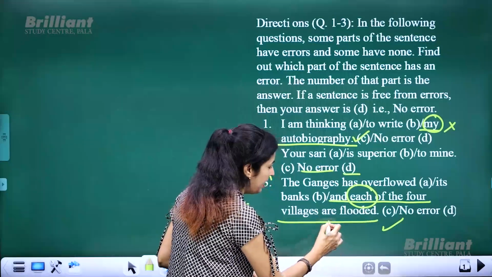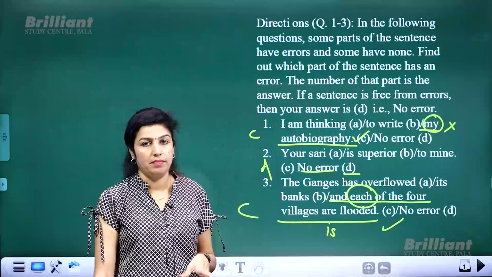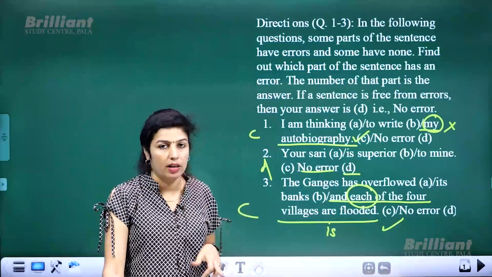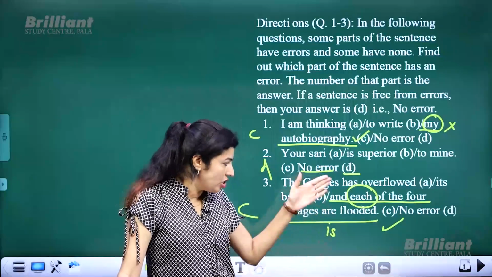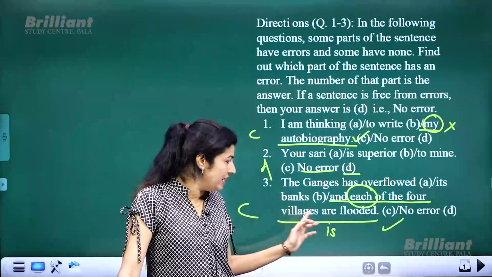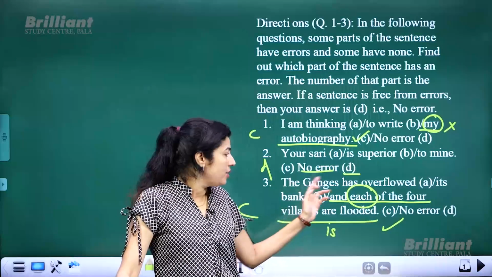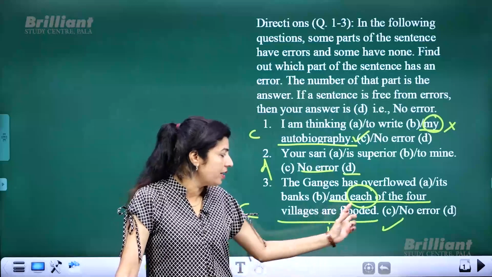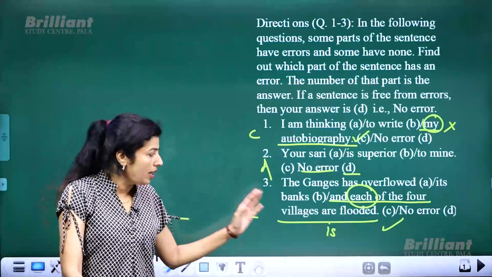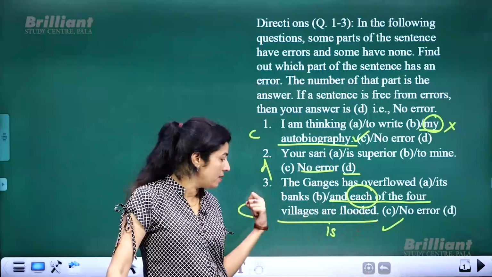It should be "is flooded", not "are flooded", since this is singular. Each of the 4 villages is each one separately, each one is flooded. So the correction of the sentence is: the Ganges has overflowed its banks and each of the 4 villages is flooded. The error is in the third part, the C part.